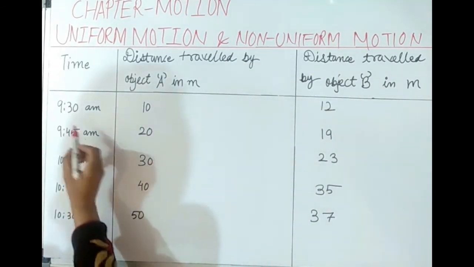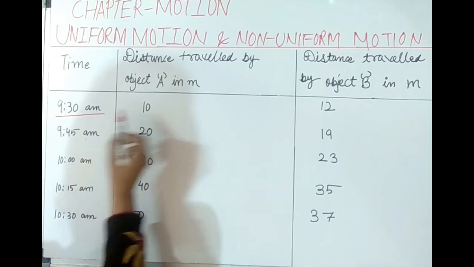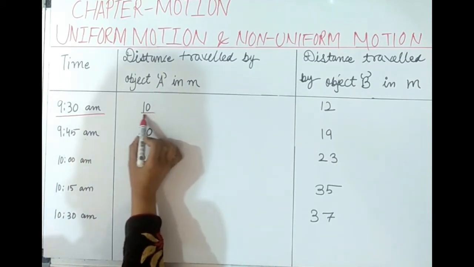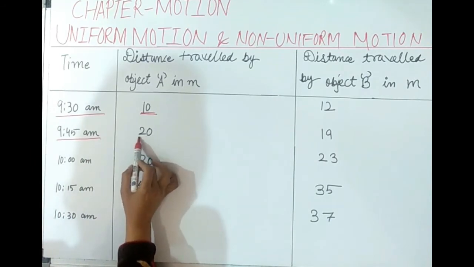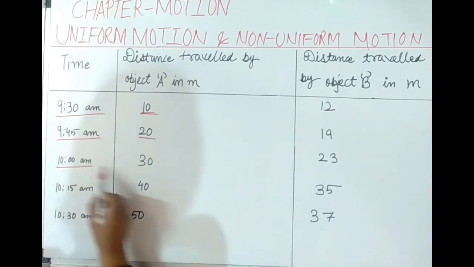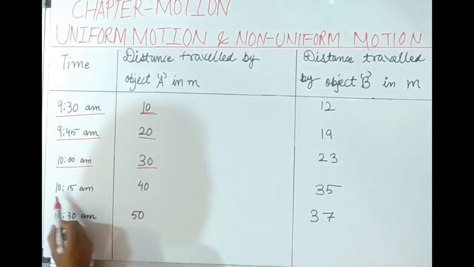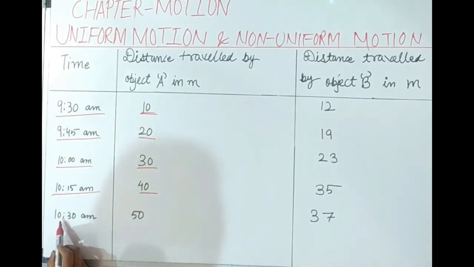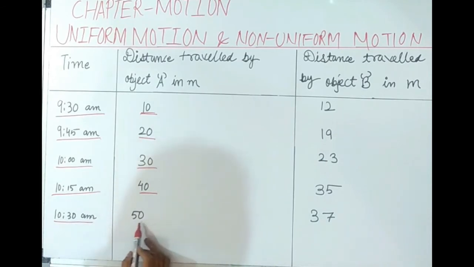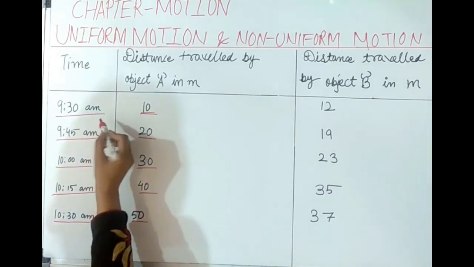Let's say at time 9:30 am the object A has covered 10 meters. At 9:45 am object A has covered 20 meters. At 10 am the object has covered 30. At 10:15 the object has moved to 40 meters, and at 10:30 am the object has covered 50 meters. What is the observation?